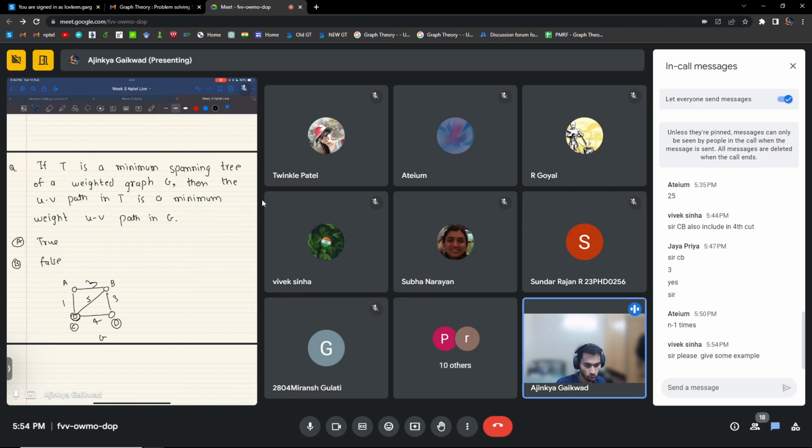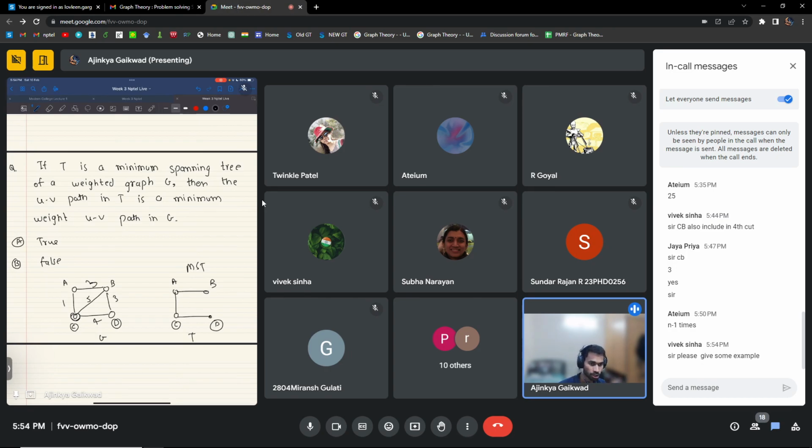There are a lot of spanning trees, so let's calculate one minimum spanning tree. So let's say 1, 3, 4. Let's say A, B, C, and D. So this is a minimum spanning tree of the graph next to this graph G.